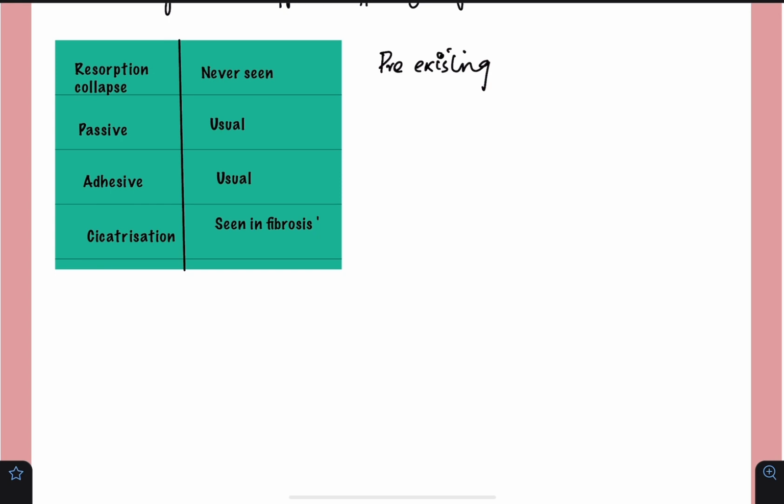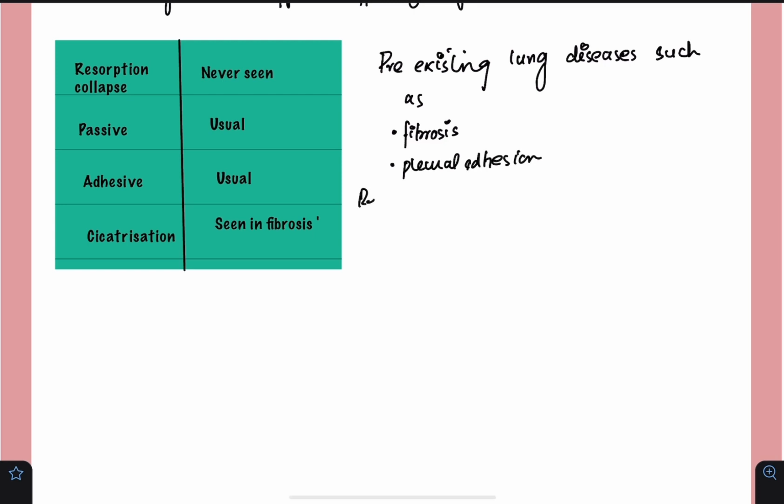So, pre-existing lung conditions or lung diseases such as fibrosis and pleural adhesions affect the reciprocal relationship between the compensatory signs.